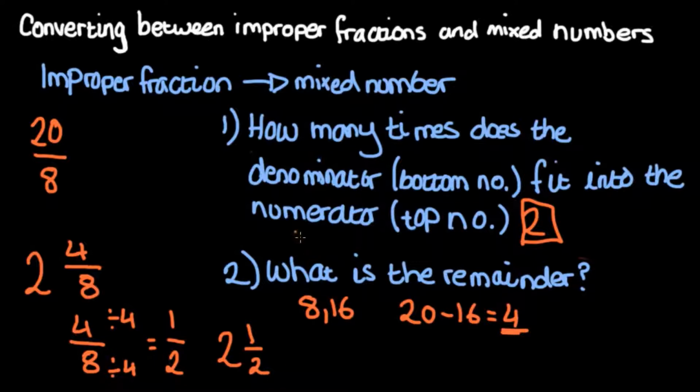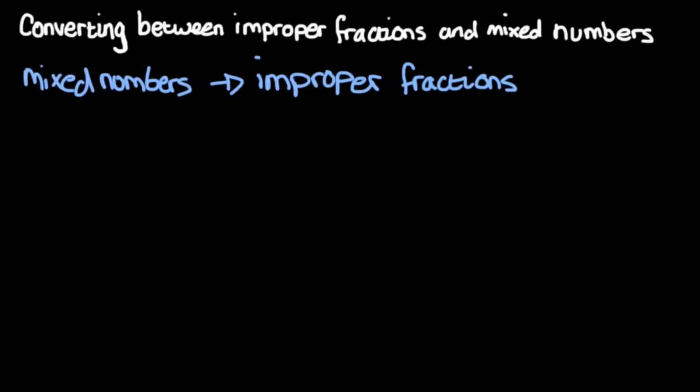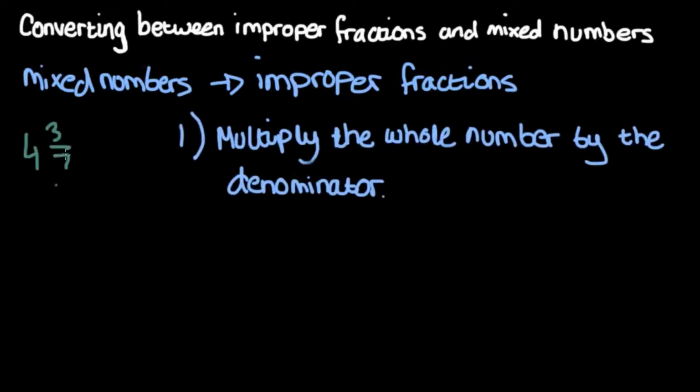Great, okay. Now let's try to convert mixed numbers into improper fractions. Okay, so we're going to try to convert the mixed number 4 and 3 over 7 into an improper fraction. The first thing we need to do here is multiply the whole number part of the mixed number by the denominator of the fraction.